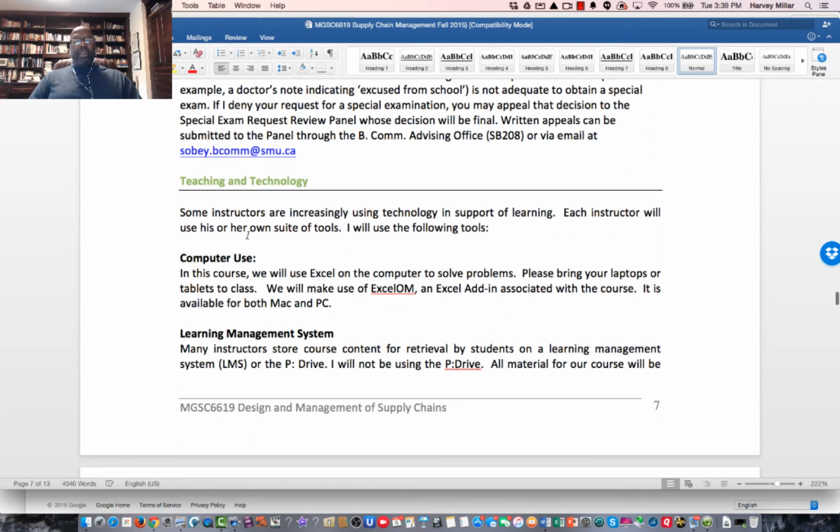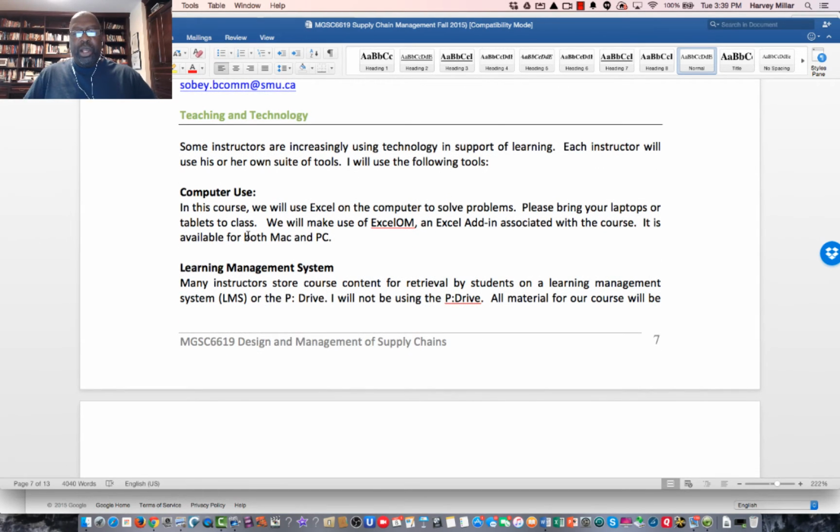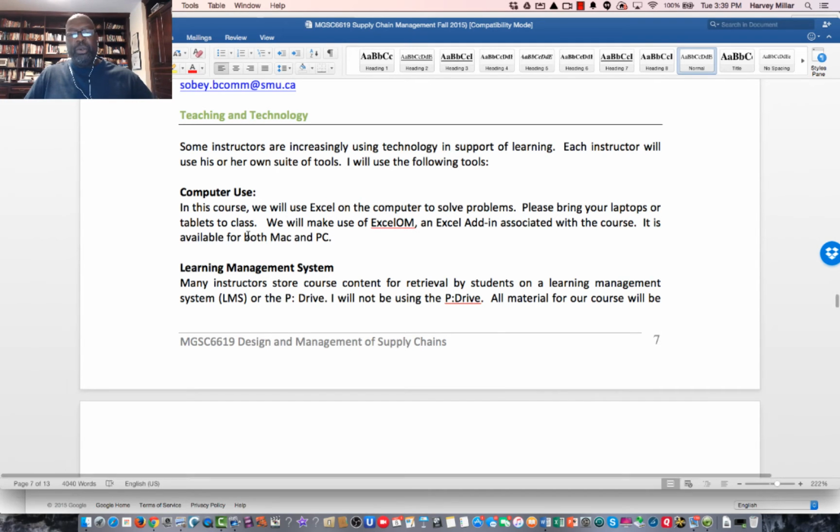In terms of the use of technology, we are not going to use the P drive for storing materials. As I've already mentioned, all of our materials will be in our learning management system, which is Blackboard. This is where you will find links to the readings, links to the video lectures, and so forth.